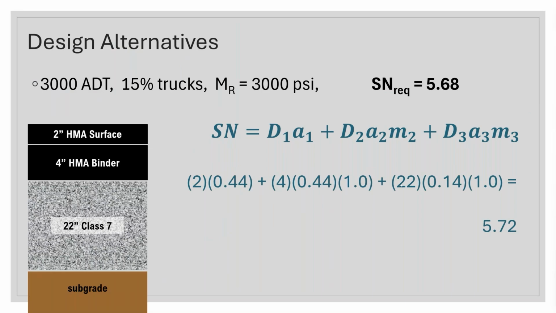Same thing with the class 7, but I made 22 inches of that with a layer coefficient of 0.14, and that gave me 5.72, and that is enough because I was required to get something at or above 5.68. So this pavement structure, 2 inches of surface, 4 inches of intermediate, 22 inches of crushed stone base on top of this given subgrade, does give me enough structure. So that's an option.